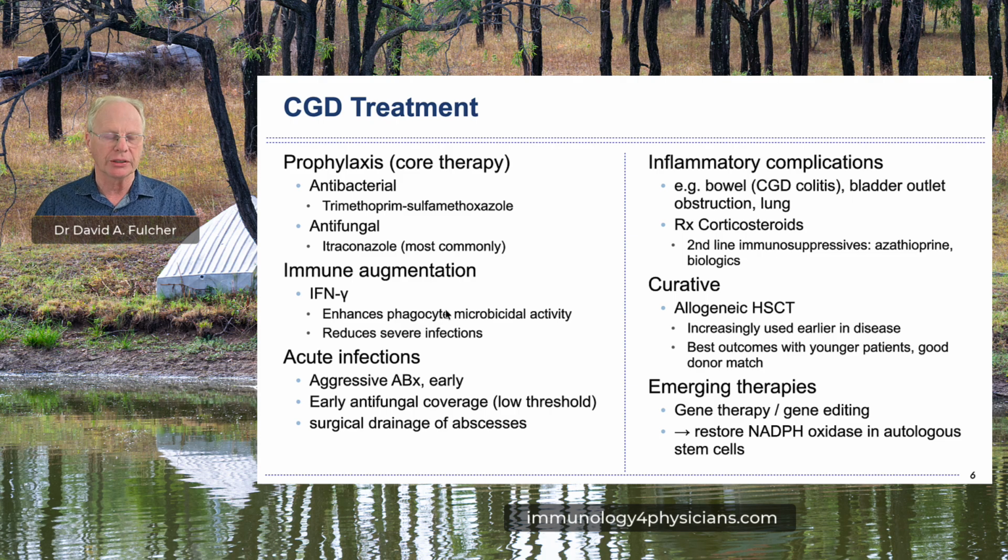That's controversial. Not everybody believes it. Obviously, you treat acute infections aggressively with antibiotics, early consideration of a fungal infection, drainage, etc. And you treat the inflammatory complications which can occur in the normal way with steroids and second-line immunosuppressives.